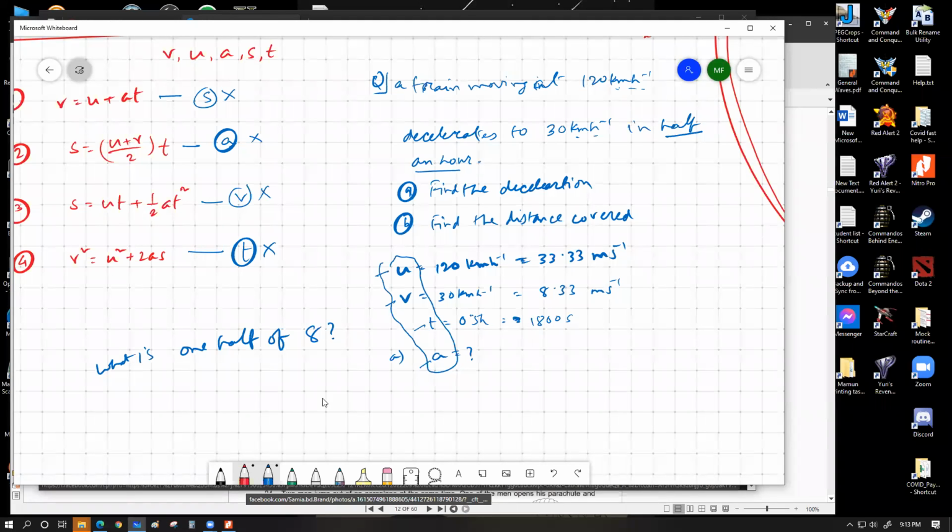So the acceleration over here can be found by the expression a equals, using the first equation, 33.33 minus 8.33 divided by 1800. It's going to be a pretty small number.